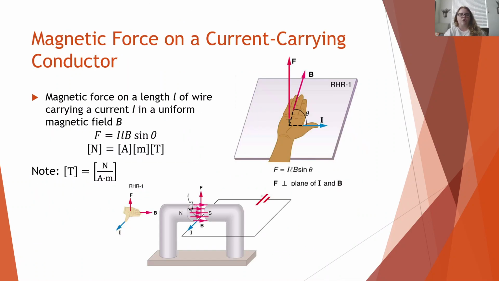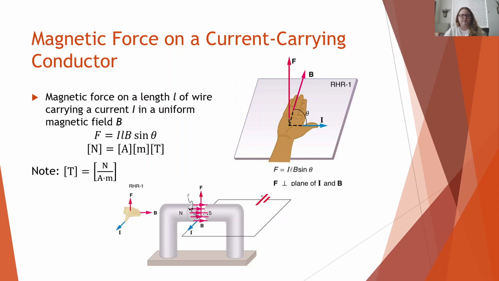All right, I'm going to continue our discussion here with magnetic force on a current-carrying conductor, so what we were just talking about. But in this case, we have magnetic force on some length of wire, L, carrying a current I, in a uniform magnetic field, B. This is the depiction here.